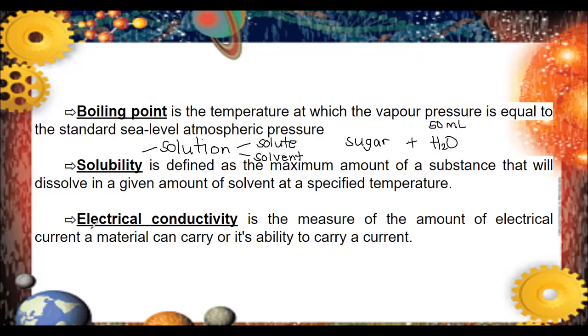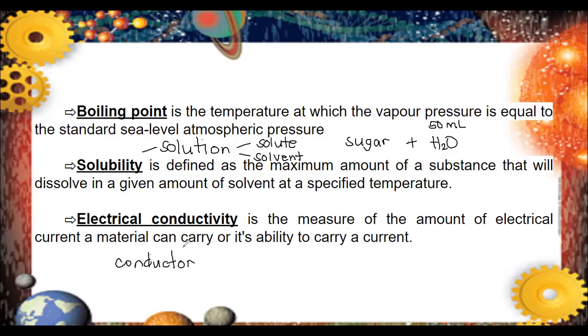Next is the electrical conductivity. It is the measure of the amount of electrical current a material can carry, or its ability to carry a current. From the word electrical conductivity, these materials are the best conductors of electricity. Conductor meaning these are materials that electricity can pass through.